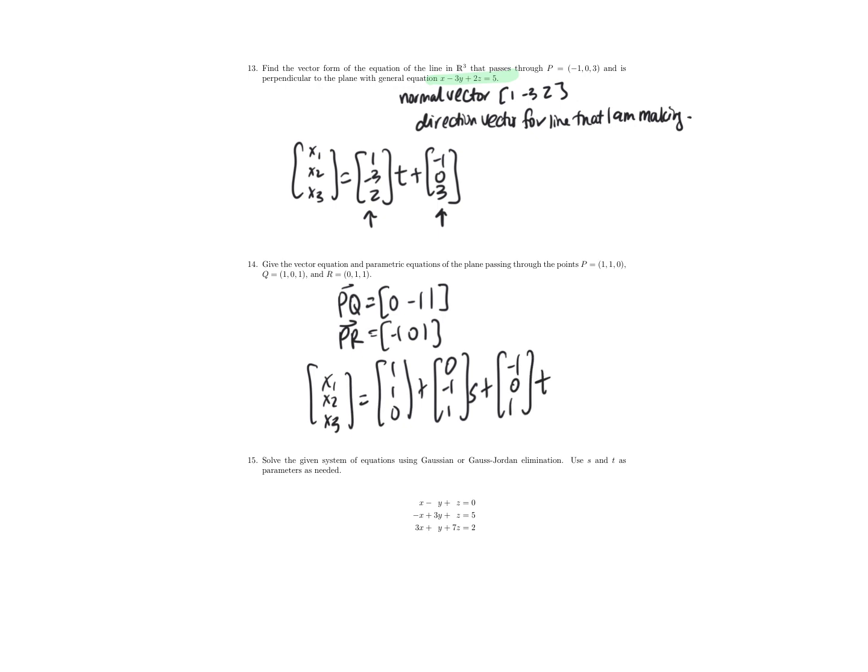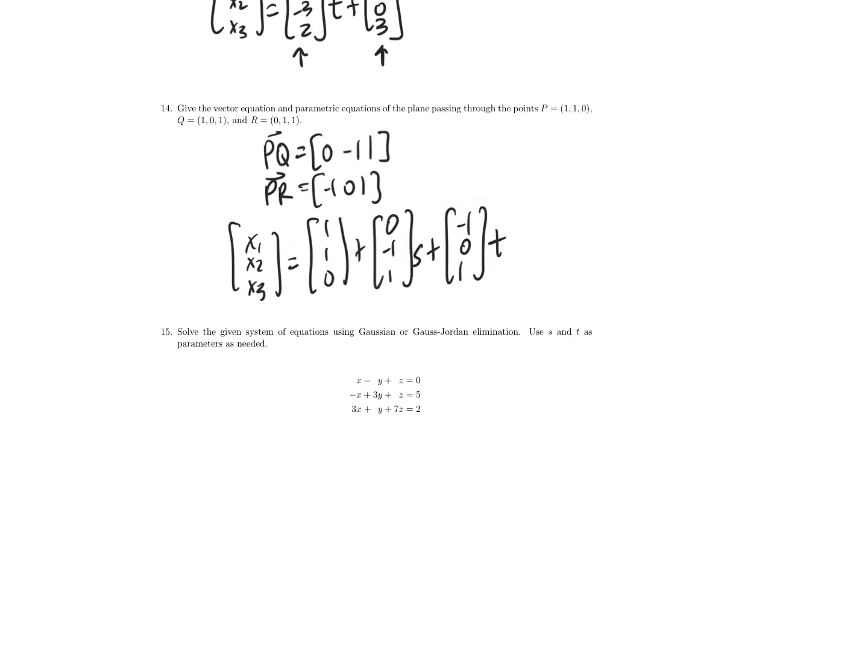Okay, solve the given system using Gauss-Jordan elimination. If we try to solve it, we throw that into a matrix. When we row reduce it, we're going to end up getting an inconsistent system.